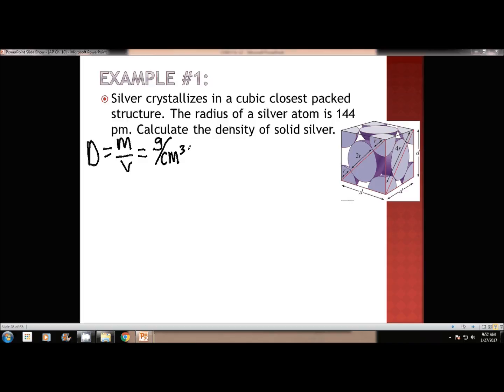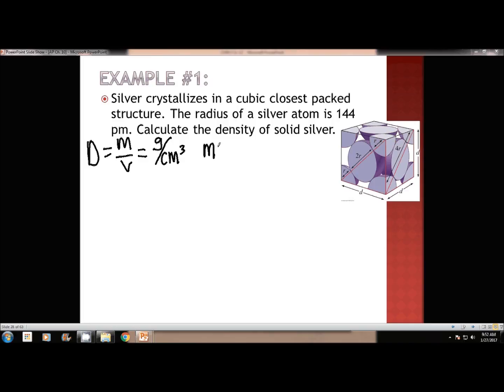Well, the first thing that we need to do is figure out the mass of the silver inside our cubic packed structure. This is where that 4 atoms from the previous slide comes into play.